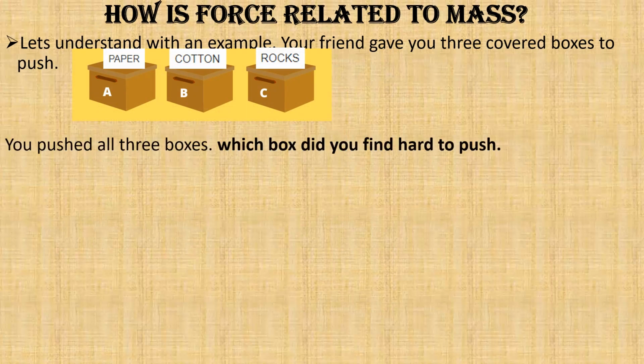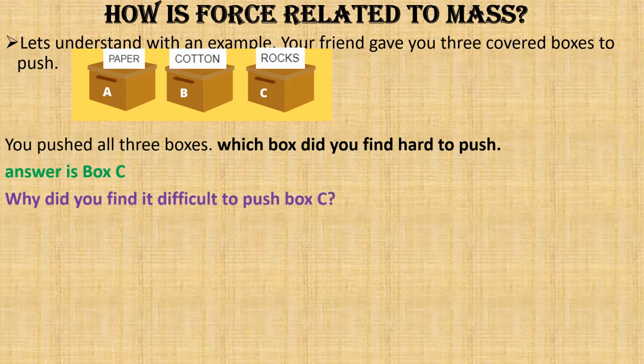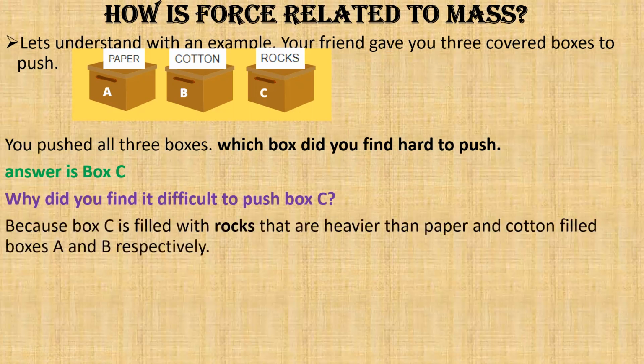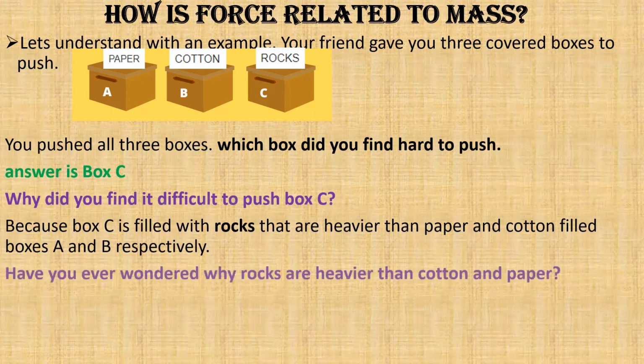Now, you pushed all 3 boxes. Which box did you find hard to push? Yes, your answer is right. Box C. Why did you find it difficult to push box C? Because box C is filled with rocks, which are heavier than paper and cotton in boxes A and B respectively.